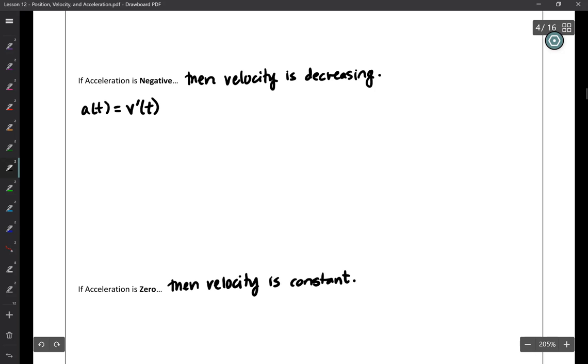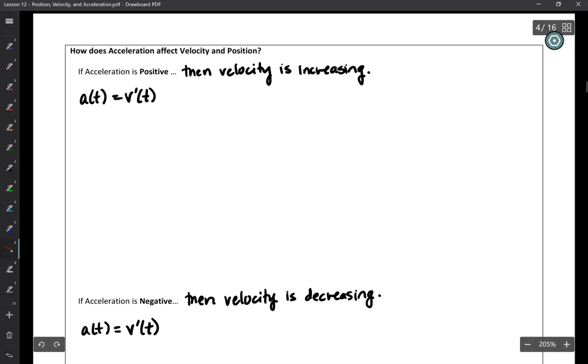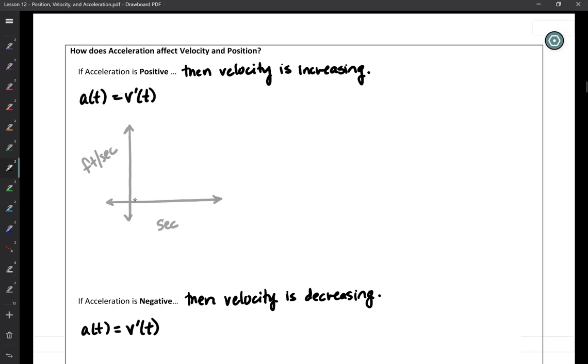Okay, and if you want, we could draw little sketches just like we did in the previous activity. If I'm looking at my velocity function, time, and then velocity is a change in position over change in time. So let's give little units. How about seconds and then feet per second. So I'm graphing my velocity function. Here's an example of velocity increasing.